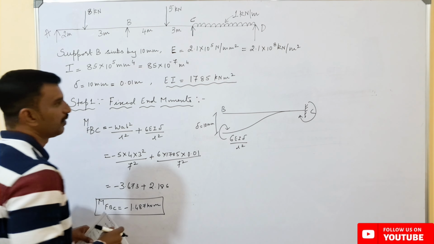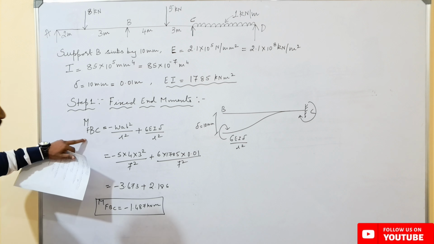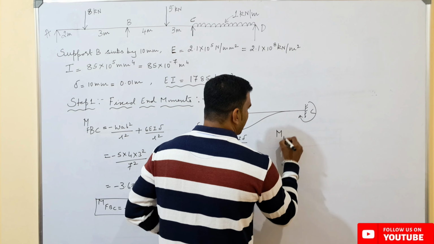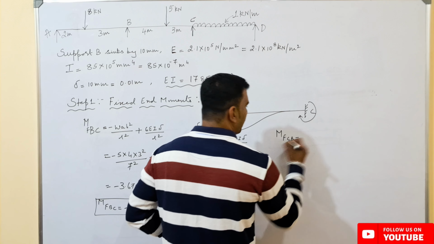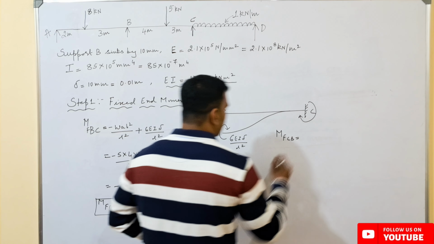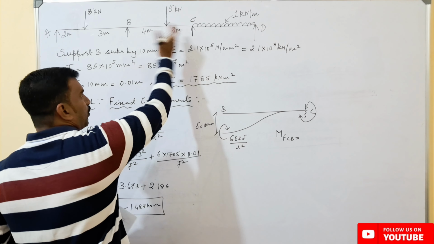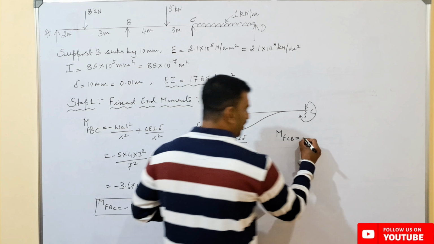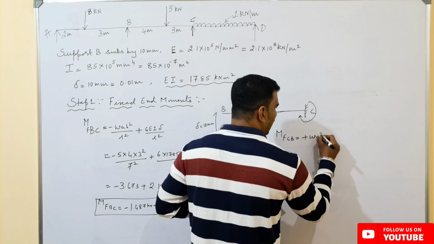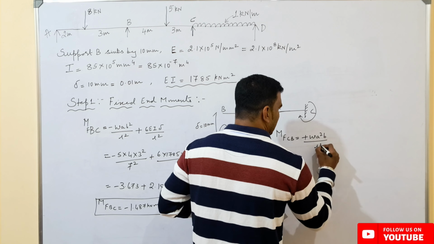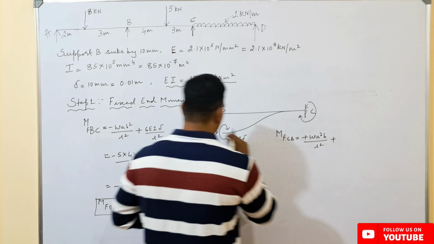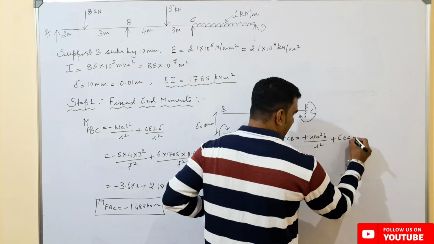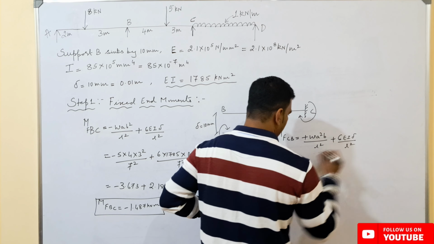Similarly, if we want to find out the fixed end moment from C to B, if you are coming from right to left, the value will be negative, and for eccentric loading the formula will be plus W A square B upon L square, plus the effect of sinking at point B, which will be 6 EI delta upon L square.